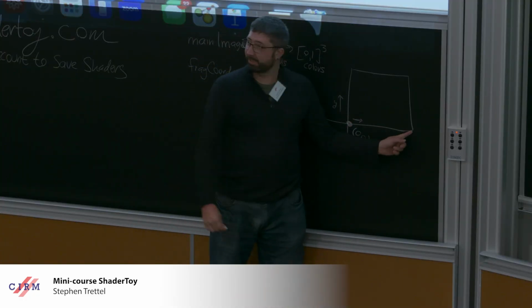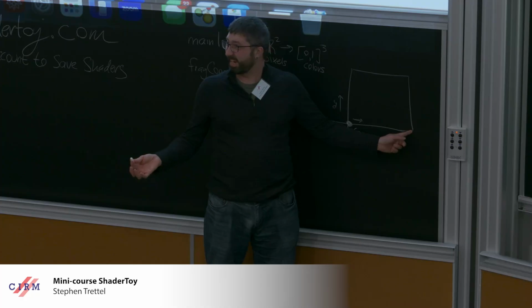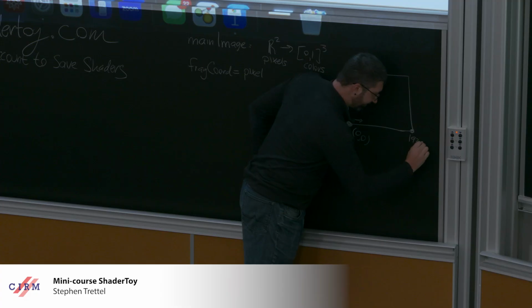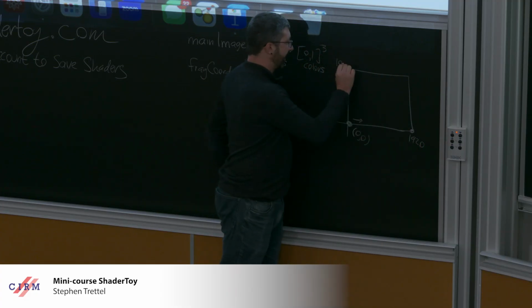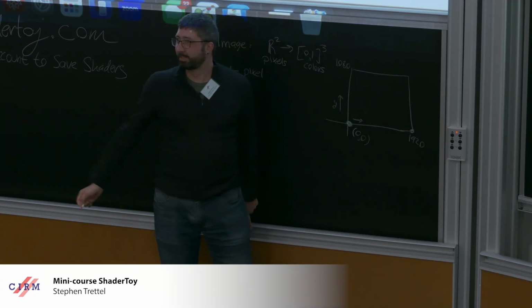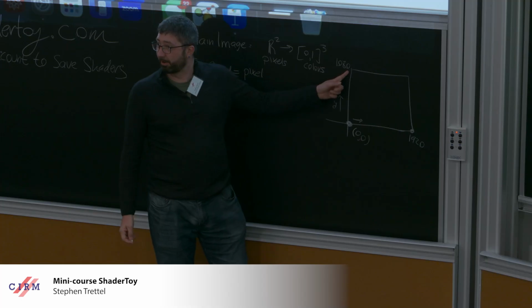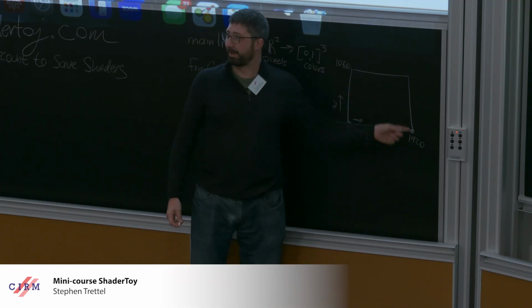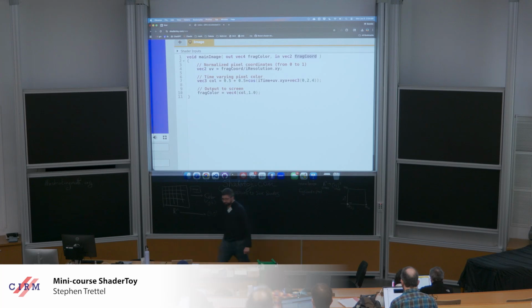Let's say you have an HD monitor, like way back in the day. So you have 1920 pixels that way, and 1080 pixels this way. So this coordinate would be (0, 1080), and this would be (1920, 0). It counts over pixels like that. So that's the name of the input.